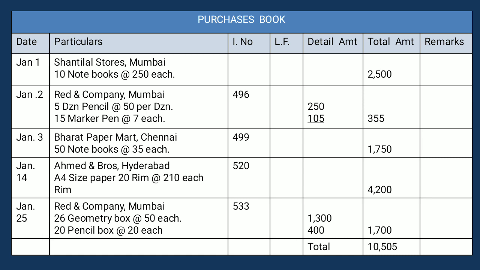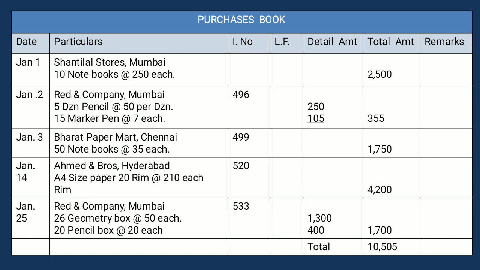For January 2, again we write the name of the party, Red and Company, Mumbai. You can see in the column of invoice number we have mentioned the invoice number. For the first transaction I forgot to mention it, but in the second transaction you can check invoice number 496.